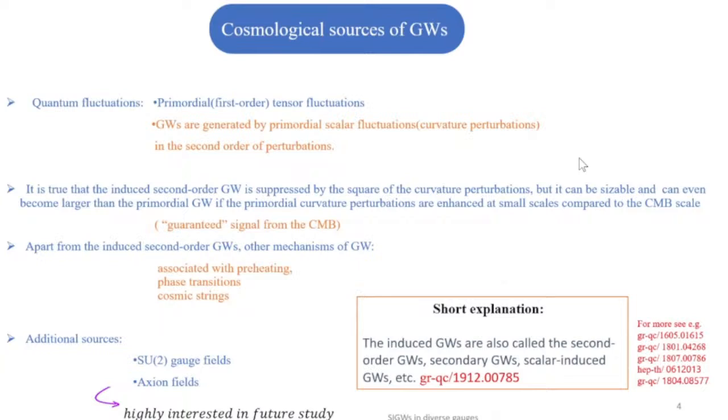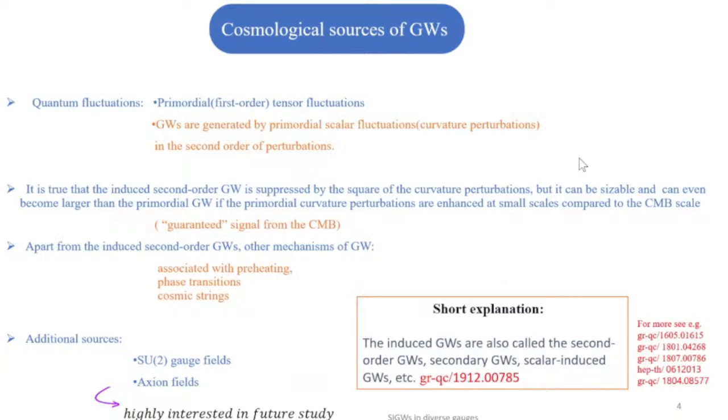The induced second order gravitational waves are expressed by the square of the curvature perturbation, but they can be sizable and can even become larger than the primordial gravitational waves if the primordial curvature perturbations are enhanced at small scales compared to the CMB scale.